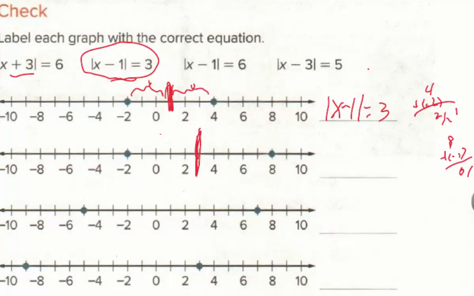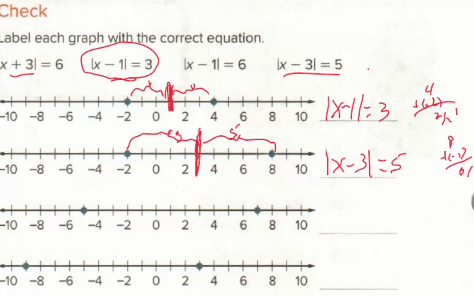It's the difference. So minus a 3 versus minus a -3. So the distance here, we can calculate, from 3 to 8 is 5. And the distance from -2 to 3 is also 5. So now we have this one up here, which is absolute value of x minus 3 is equal to 5.